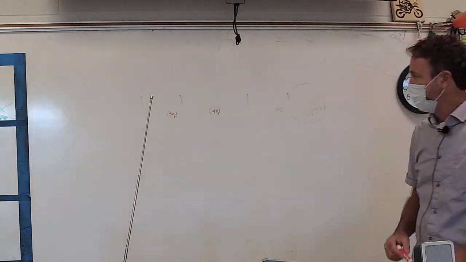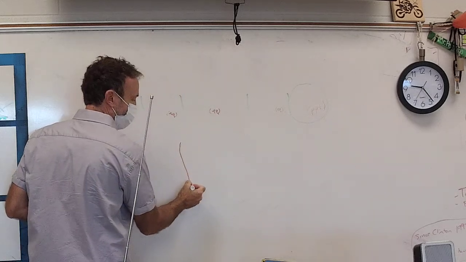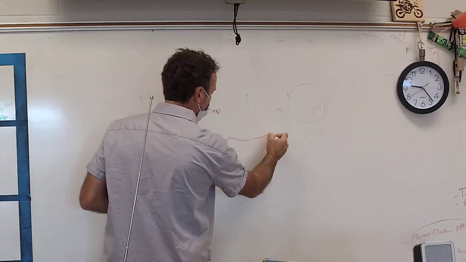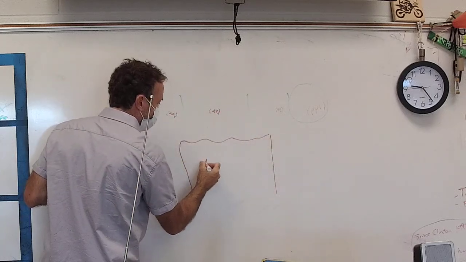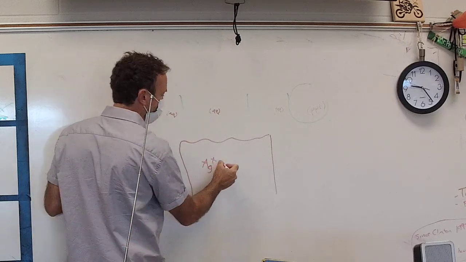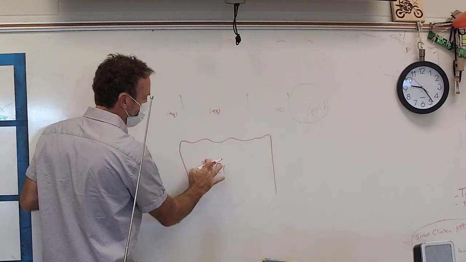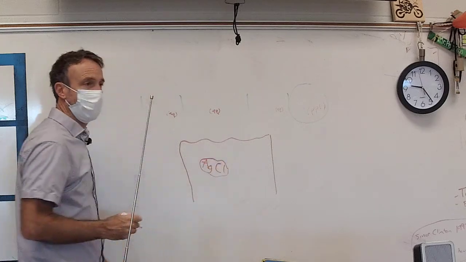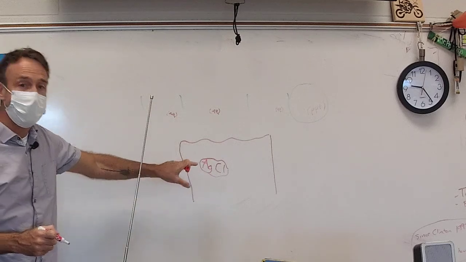It means that in the water, the silver ions and the chloride ions, that was silver chloride, right? The silver ions and the chloride, they clump together. Does that make sense? That's why they're the precipitate.